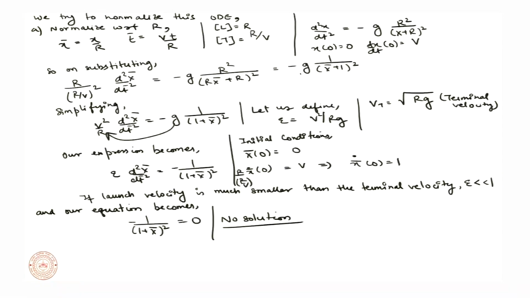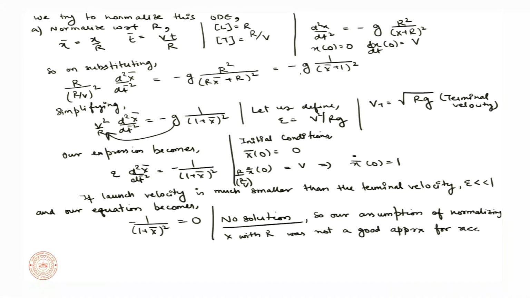That means that our assumption of normalizing our x with r was not a good approximation for x less than r.